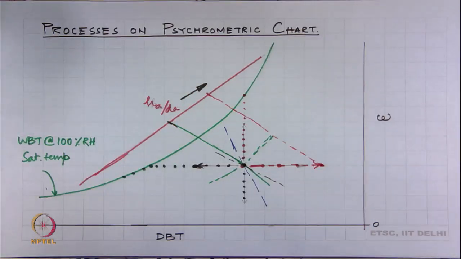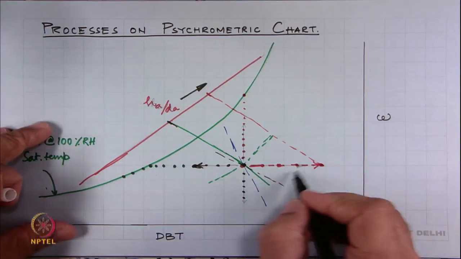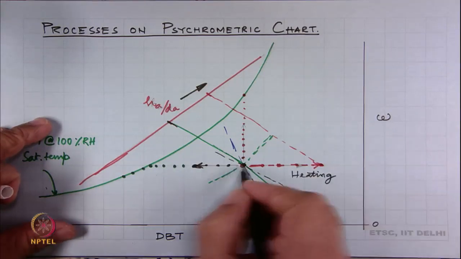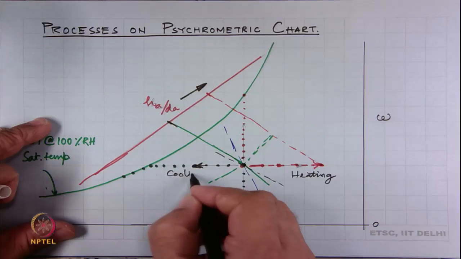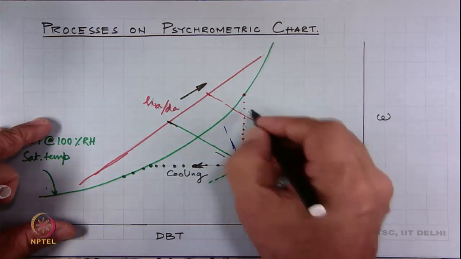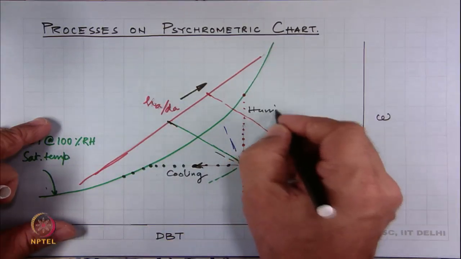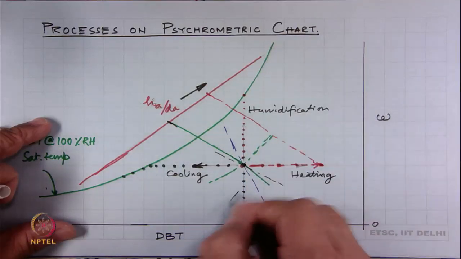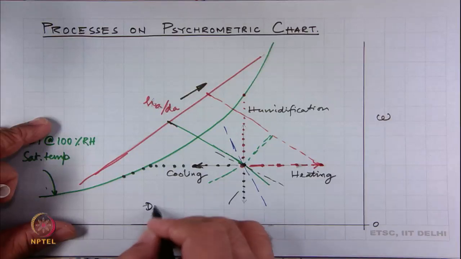And then finally, you could have combinations of these processes. For example, so now we can summarize on this. This is a heating process, this is cooling, this is humidification, and this is dehumidification.